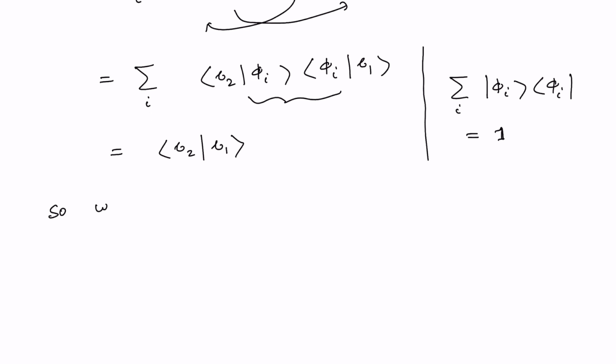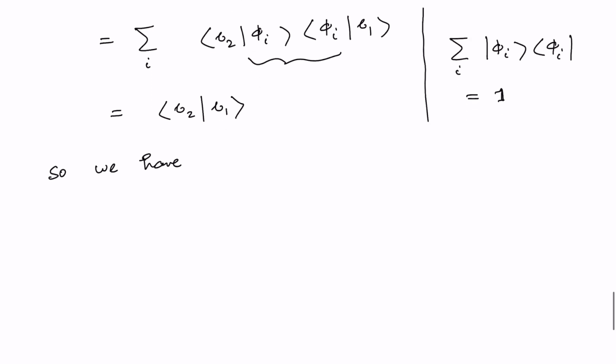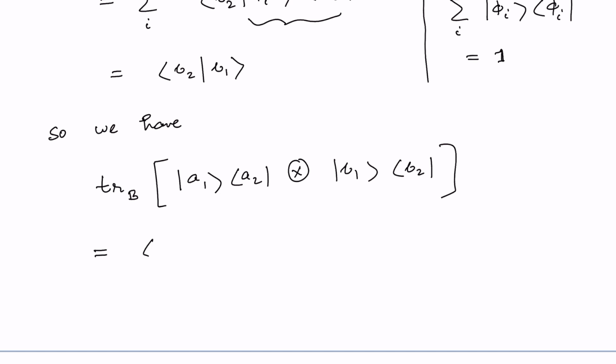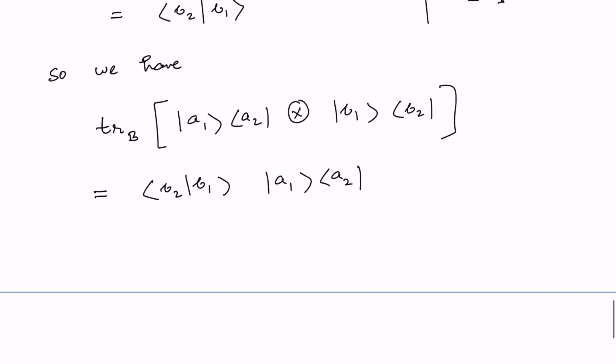So when we have taken the trace over B of rho AB, that is ket A1 bra A2 tensor product ket B1 bra B2, we will have simply this number bra B2 ket B1, and we have this ket A1 bra A2, which is just an operator, and this is the density operator corresponding to the system A. So this is how we can find out the density operator of a system from a composite one.